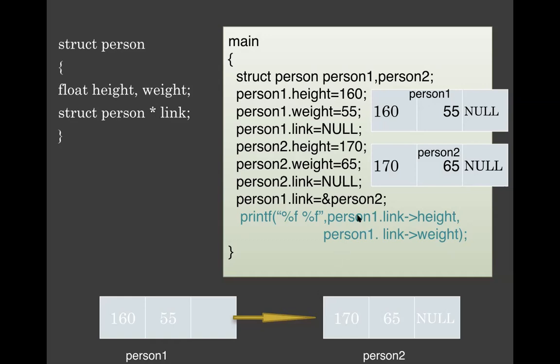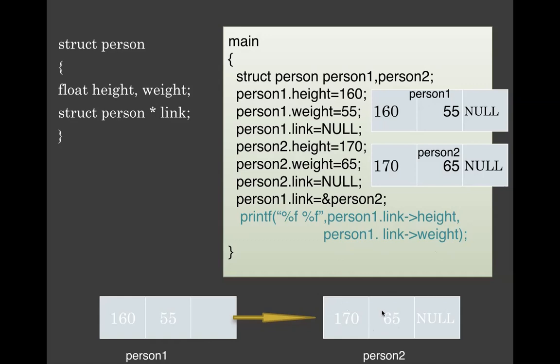So person 1 dot link's height, person 1 dot link's weight is going to be this, correct? Person 1's link holds this address, and link is a pointer, so we have the arrow operator to access its members. So person 1 link's height is this, and person 1 link's weight is this.